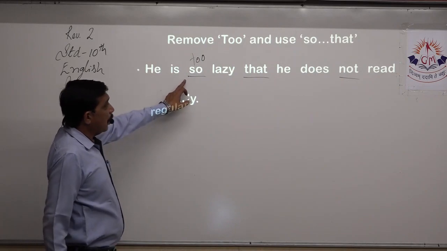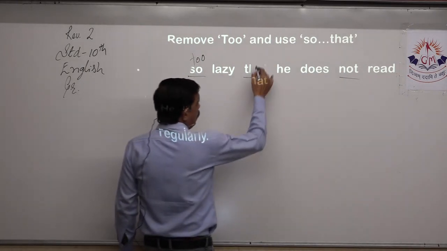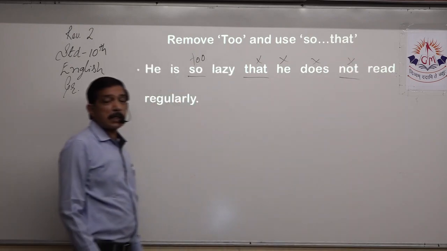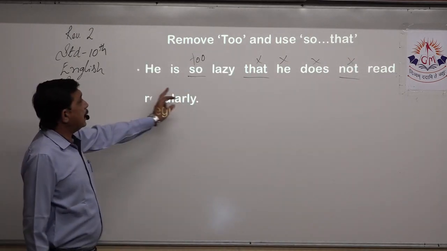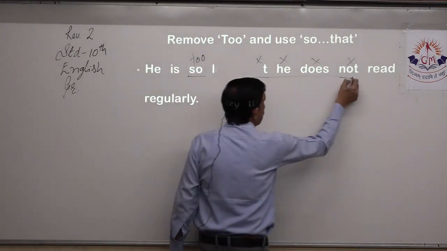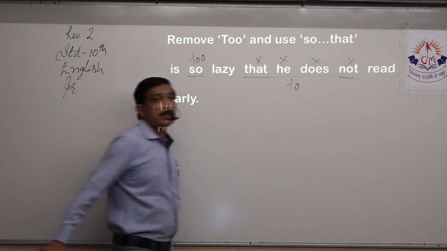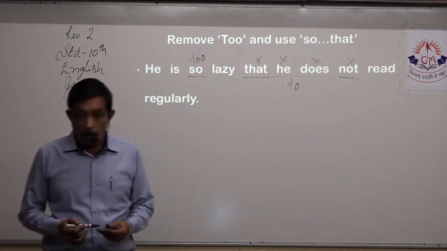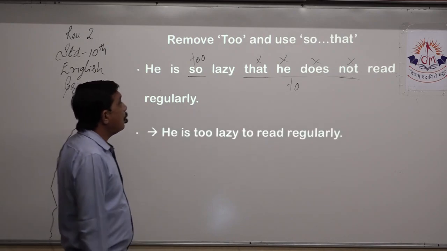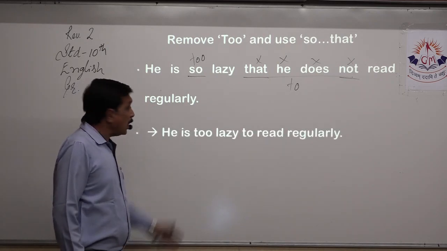When I remove that, he does not, the whole of these things gets removed. He is too lazy to, what will be replaced by these four words? To will be replaced instead of these four words. So he is too lazy to read regularly.